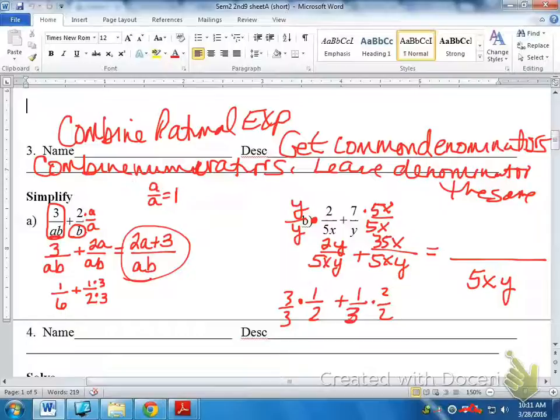So what should it be? 35x plus 2y. I was thinking about z. Okay, so that's what it should be. So that takes a little more time than the other two, but I don't think it's totally impossible for you. Any questions?